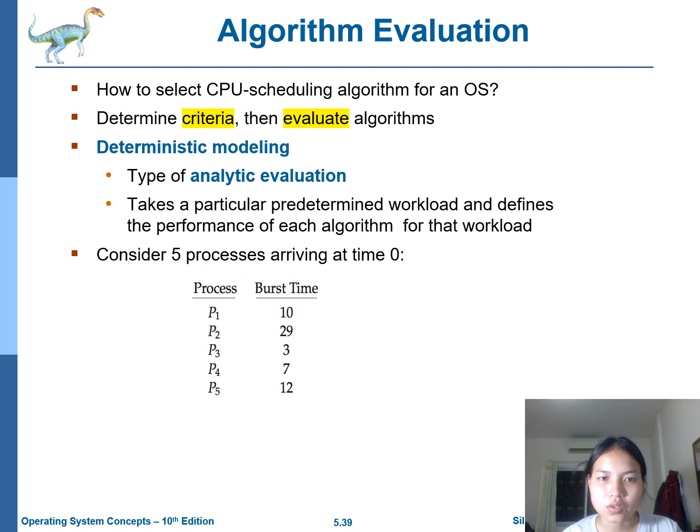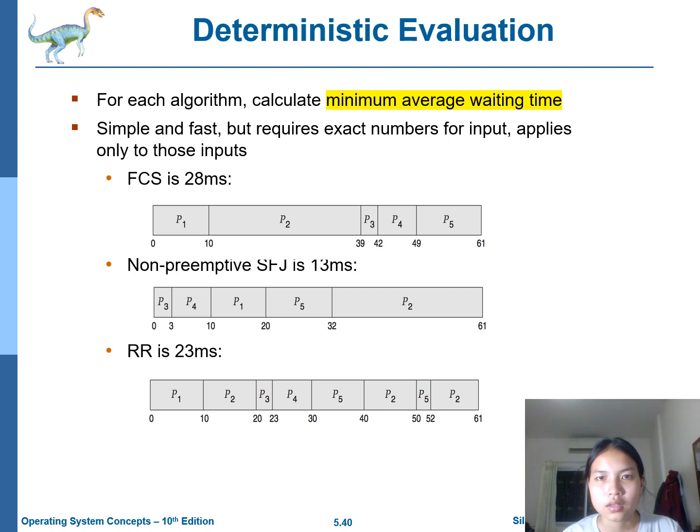Take a particular predetermined workload and define the performance of each algorithm for that workload. For each algorithm, calculate the minimum average waiting time.